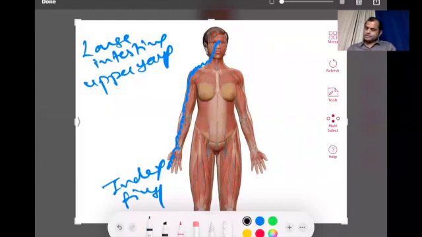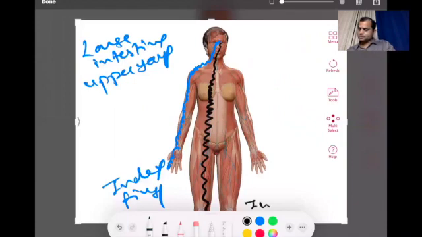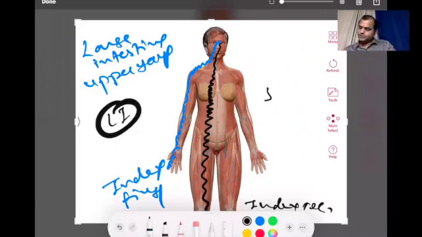Then further it is starting from the face, supplying the whole front part of the body and ending on the index toe. So the upper Yang Ming is large intestine and the lower Yang Ming is stomach.